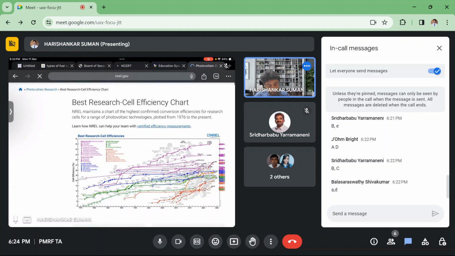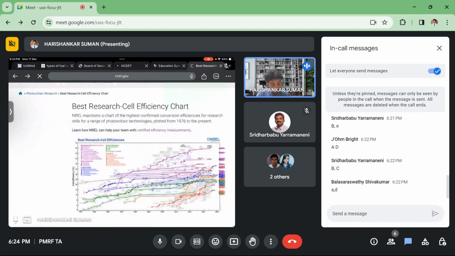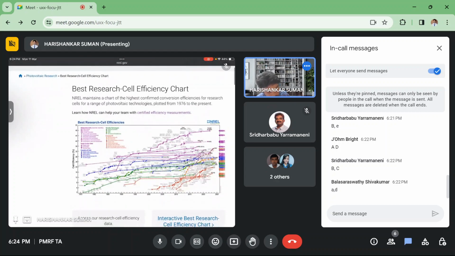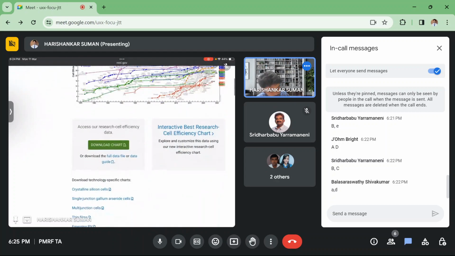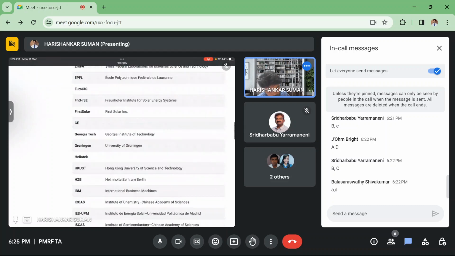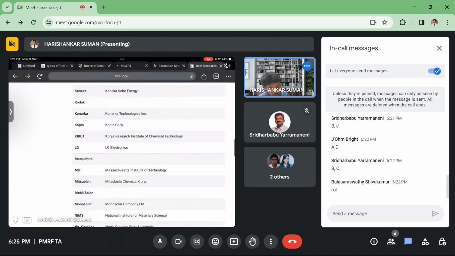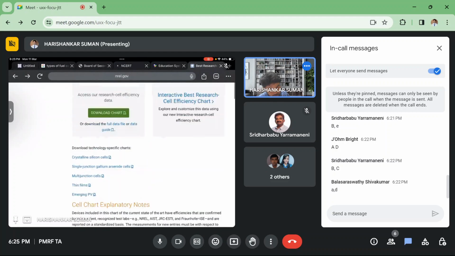Okay, so please visit this site regarding solar cell efficiency and technologies. And which group has the highest efficiency is also mentioned here.